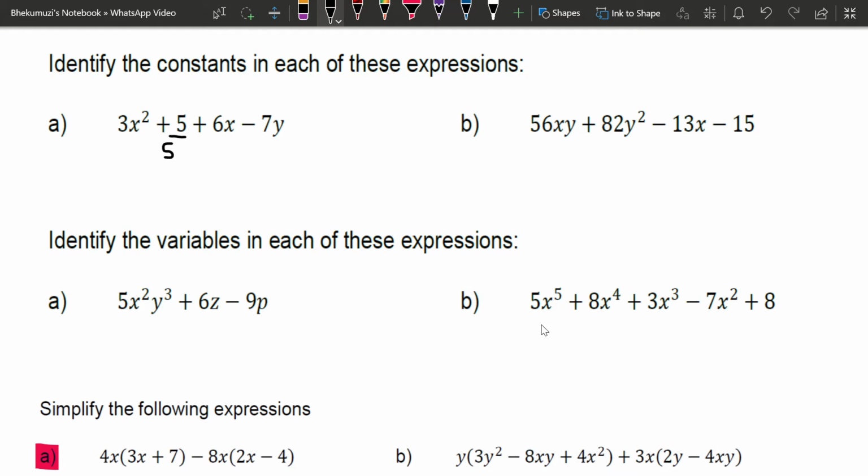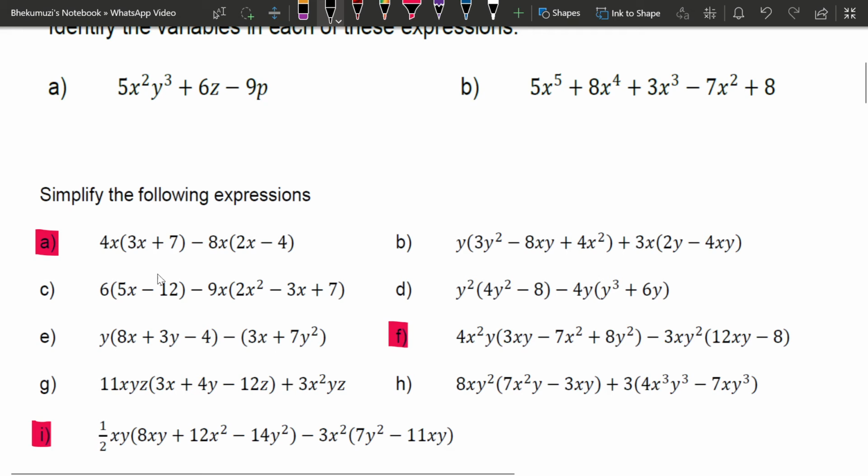And here as well, you have x to the power 5, x to the power 4, x to the power 3, x to the power 2. But they're not asking what is the variable to the power, they're just asking what are the variables. So it's x, y, and z and p.